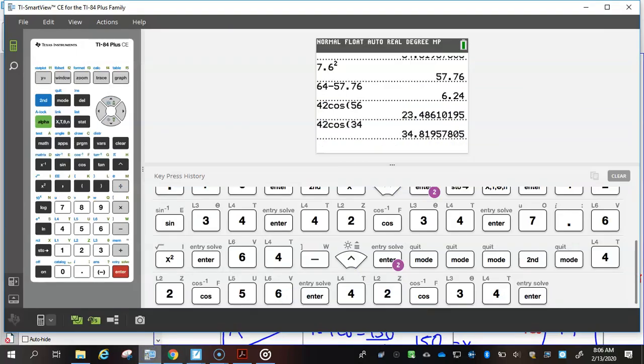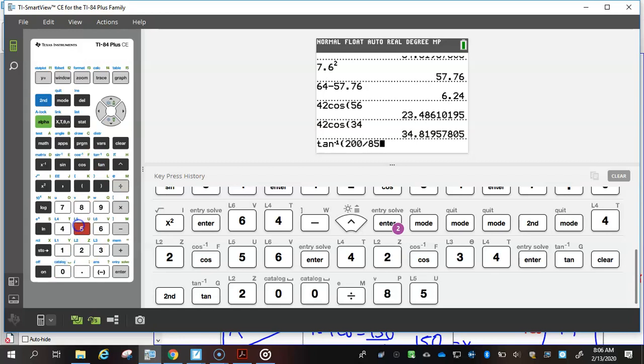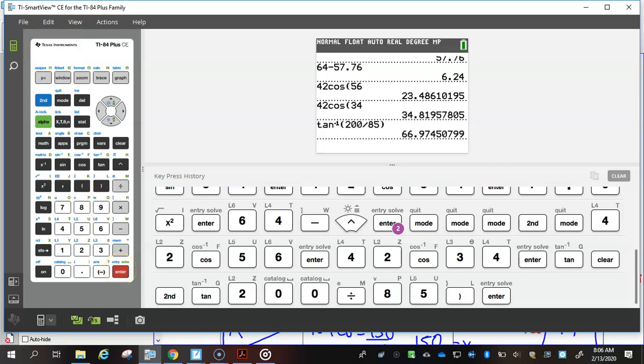Yeah, 66.97. It might be in green. That's super weird. Okay, so 67.0.